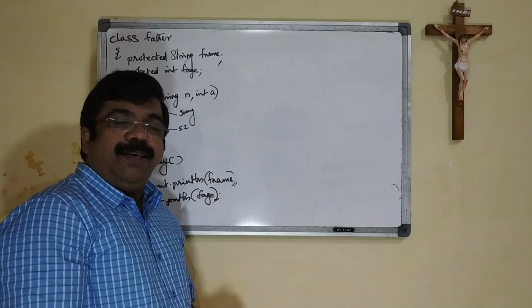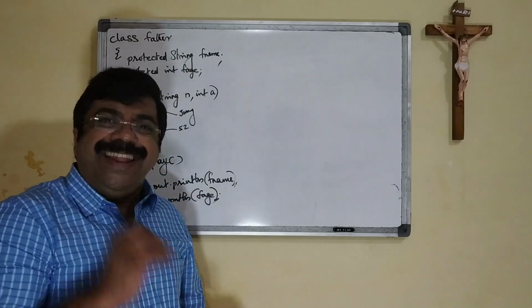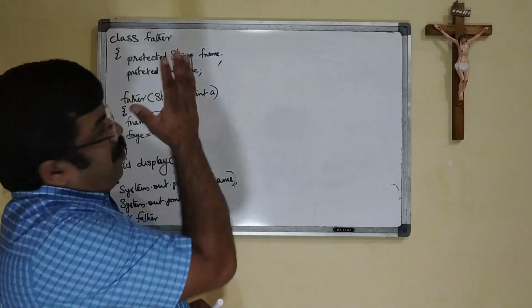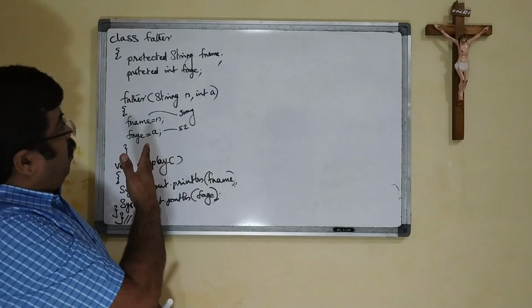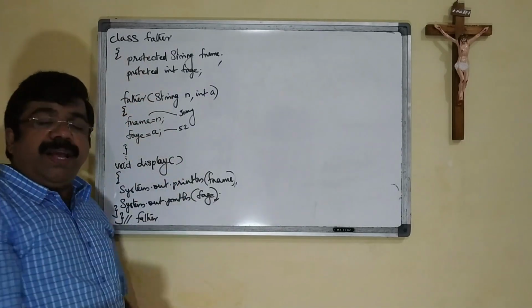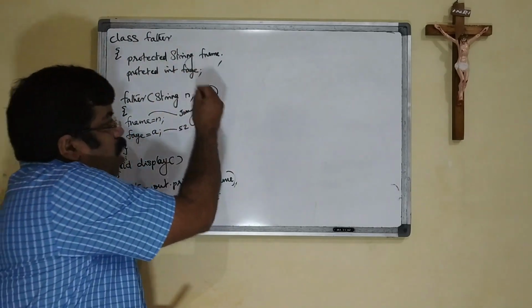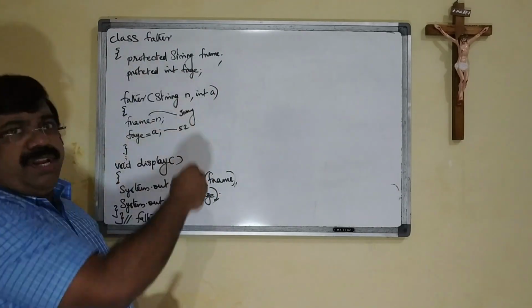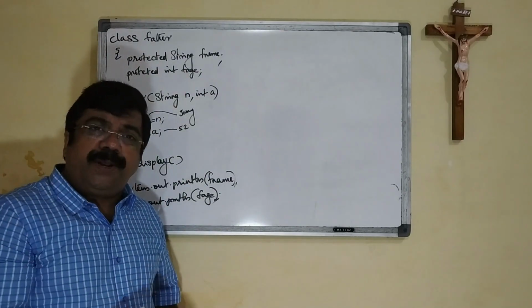Next, we see when we are not giving any inheritance for a given class. The same class father was given here, and I am not extending it. I have not written that this class is extending from a previously defined class. It is not mentioned.